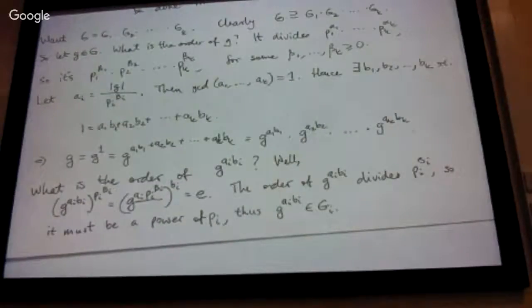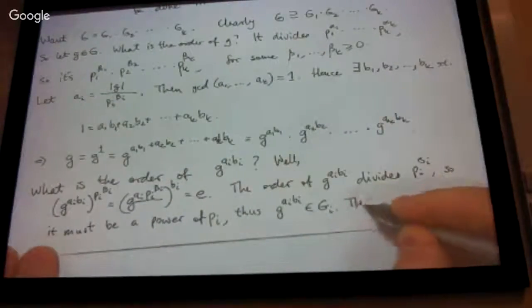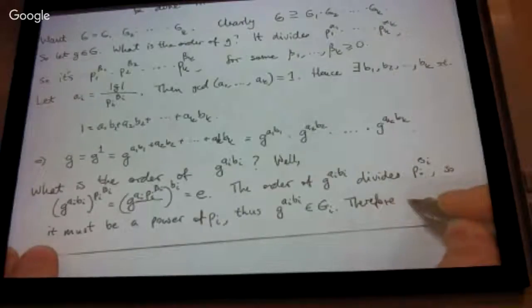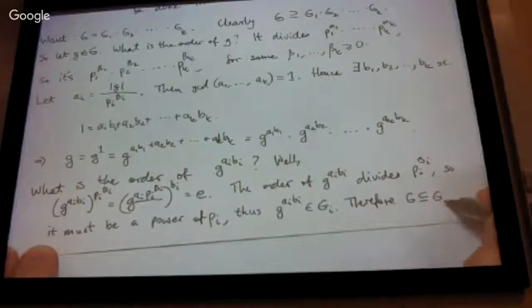So therefore G is also a subset of the product G_1 times ... times G_k. And that's the proof.